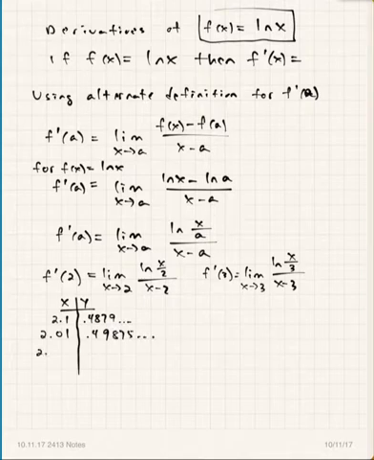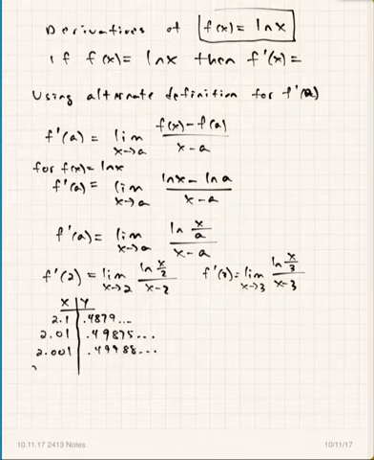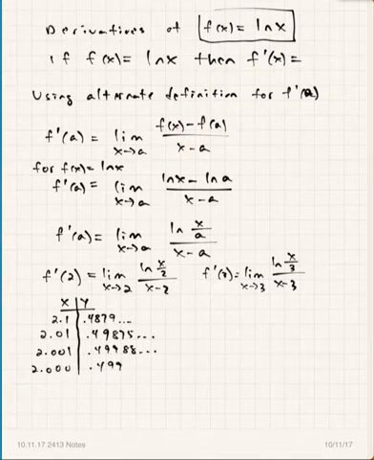I put in 2.001 for that function, and I got 0.49988. Finally, I put in 2.0001, and I got 0.4999, with three nines and then 875.